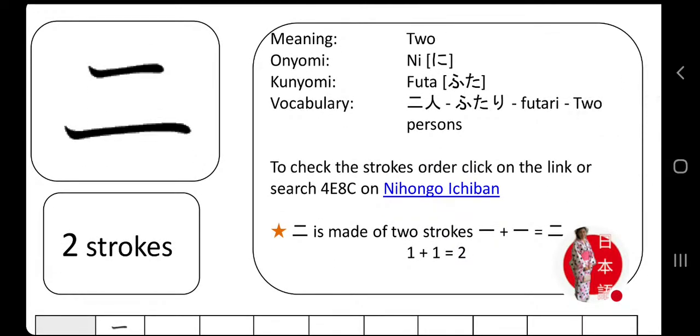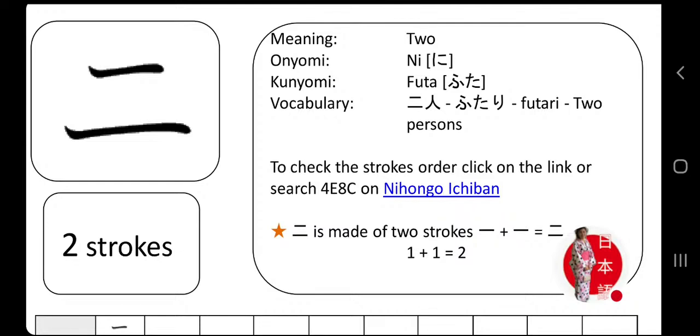Okay, next we have this one. This is two strokes, just like having two lines. This is read as ni. Ni is a number meaning two, dalawa.